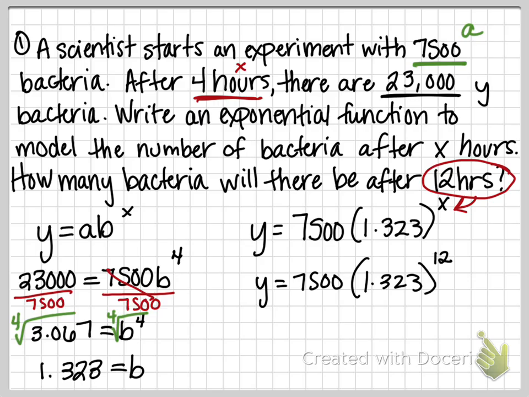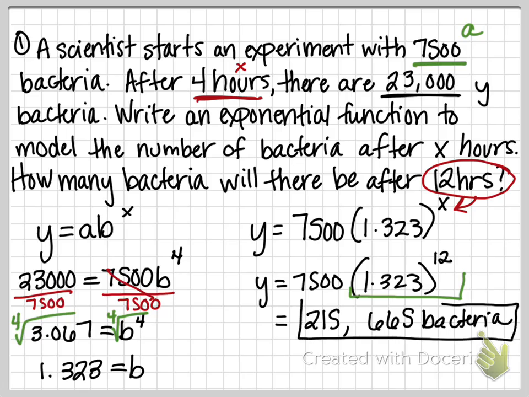Be super careful here. First step here. What's the first thing I should do? Multiply? Order of operations says I should do what? The exponent first. So you must do this first. So first you take 1.323 to the 12th, and then you multiply by 7,500, which gives us 215,665 bacteria after 12 hours.